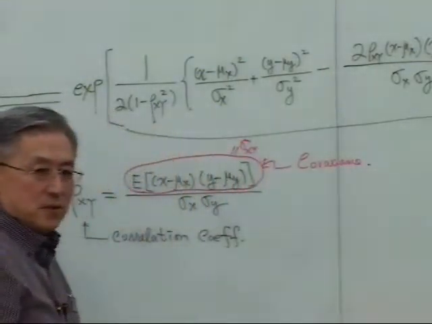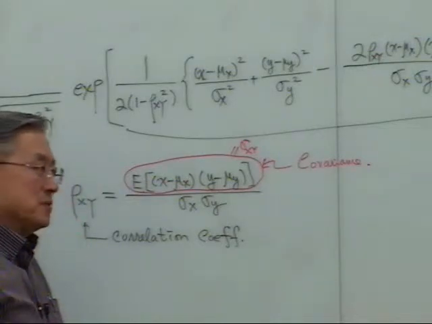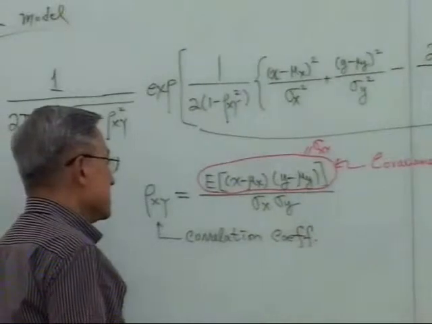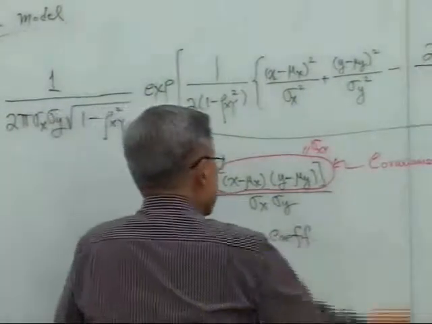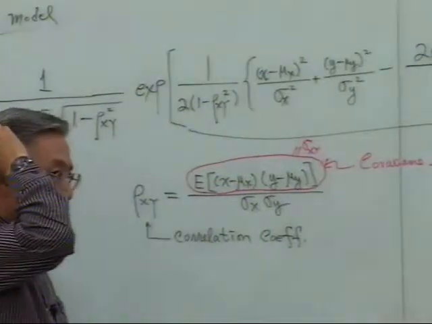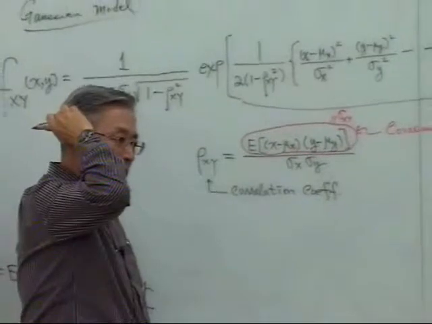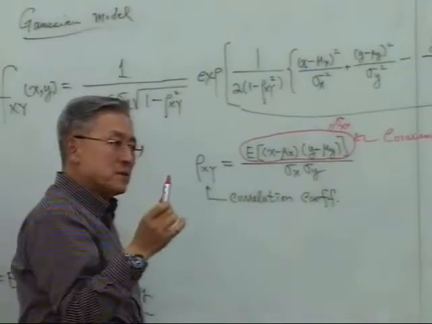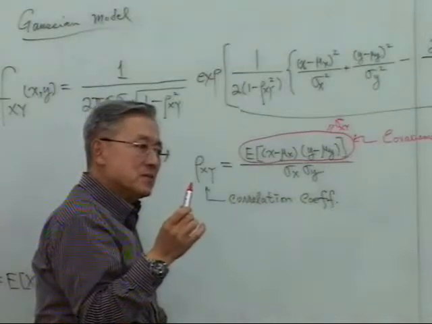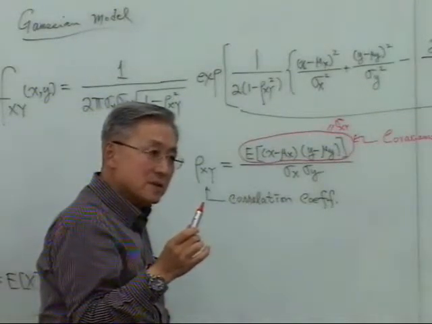I have assigned some homework to really derive the relation using the covariance. This is the covariance, and this is rho xy. Sigma xy is covariance. Covariance is like, for a single random variable, a variance, right?